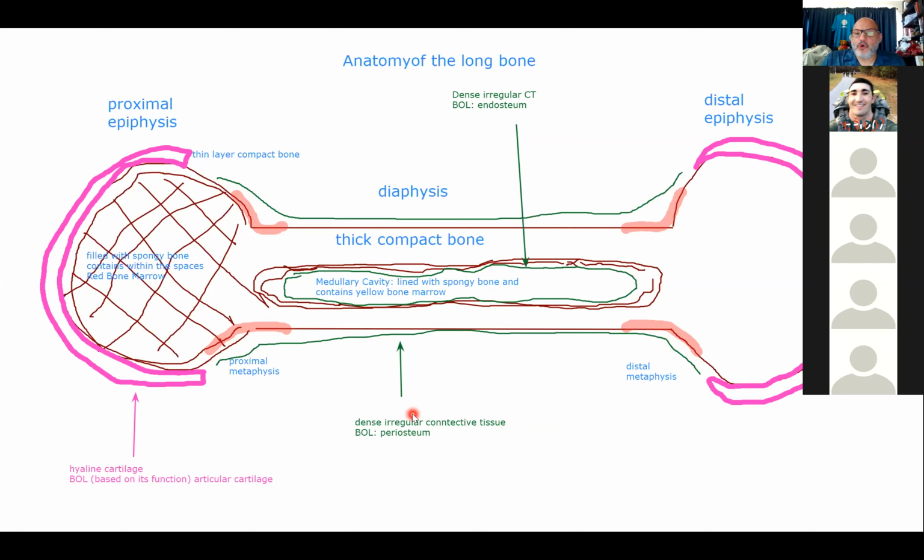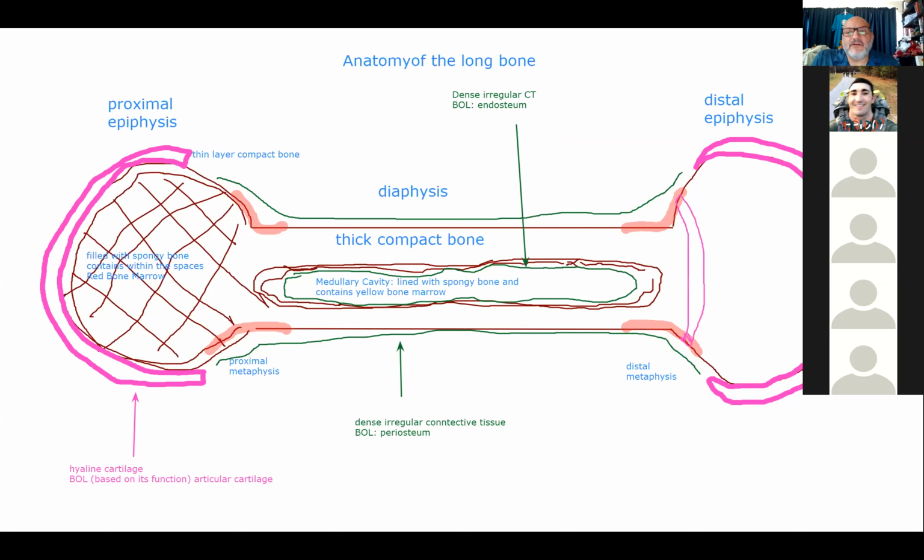Excellent. Almost done. Turns out the outer surface, and this is another reason why we want to refer to this as articular cartilage, because it turns out on the outer surface of the bone is not the only location where we find hyaline cartilage. It turns out within the metaphysis of our bone, there can be a large chunk of hyaline cartilage.